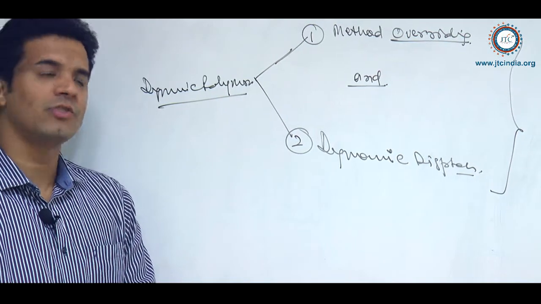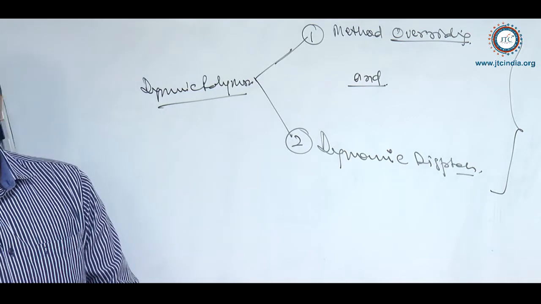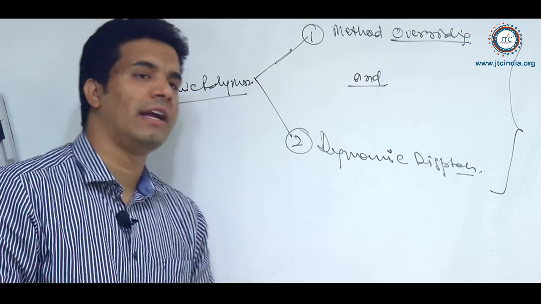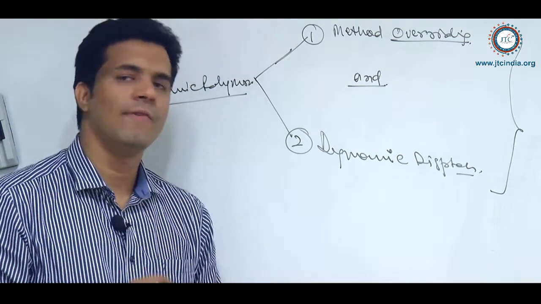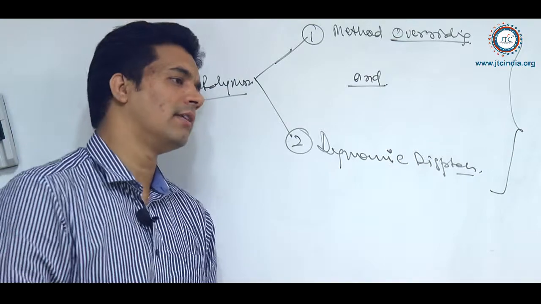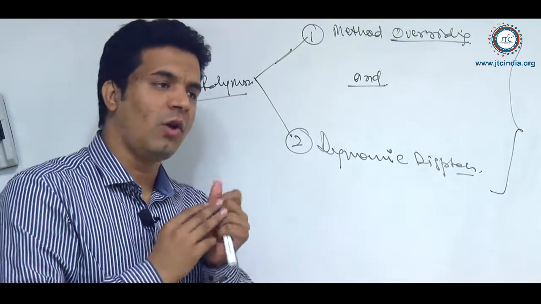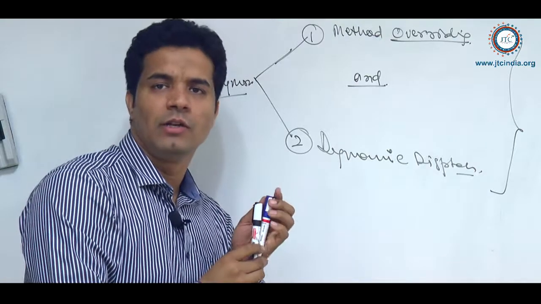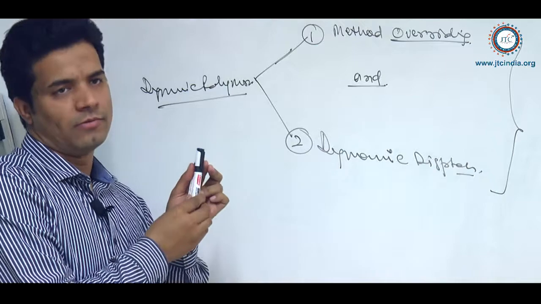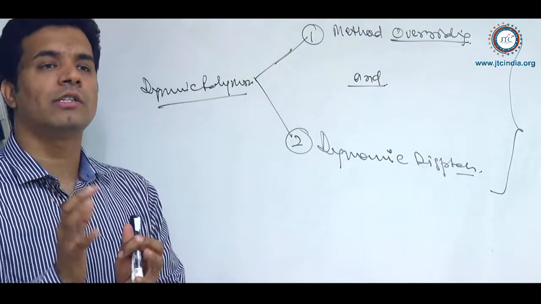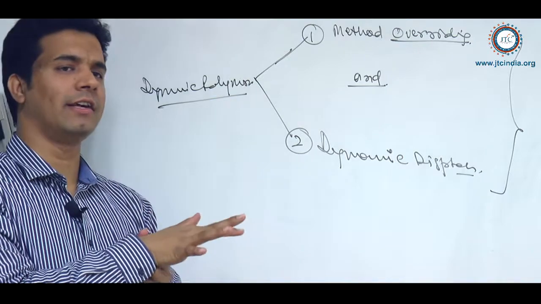Now we need to concentrate on method overriding. What exactly is method overriding? Whenever I say override something, it means something existing was available, and now that has been overridden by something new, right?